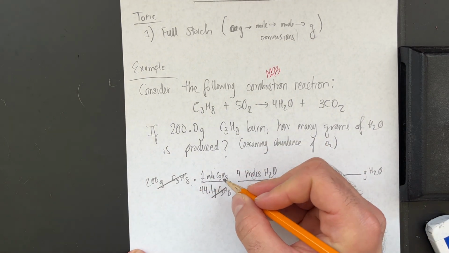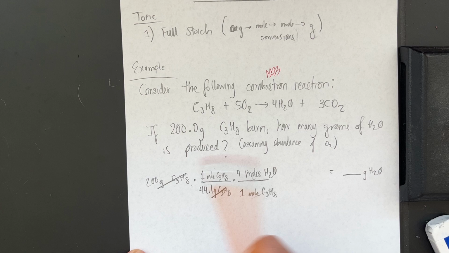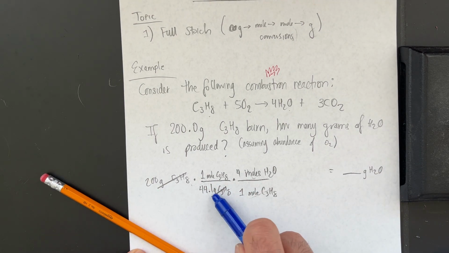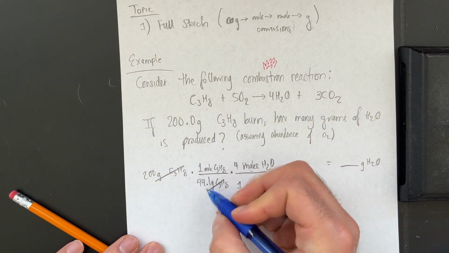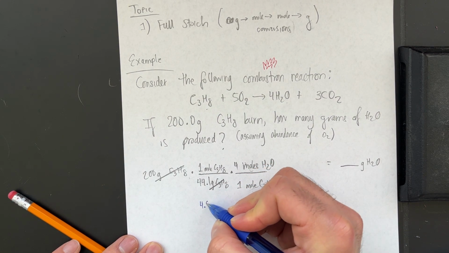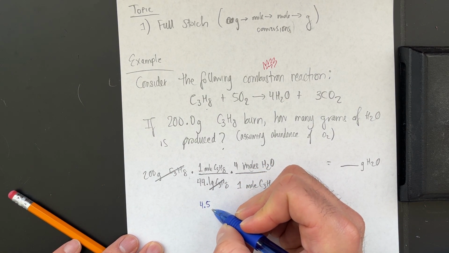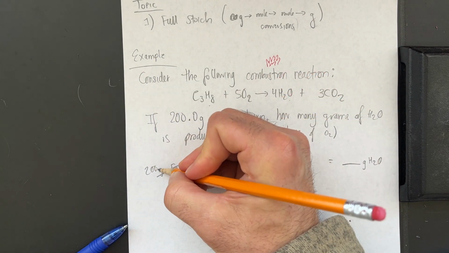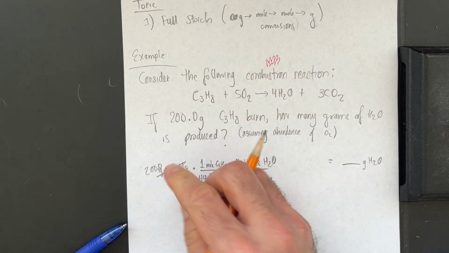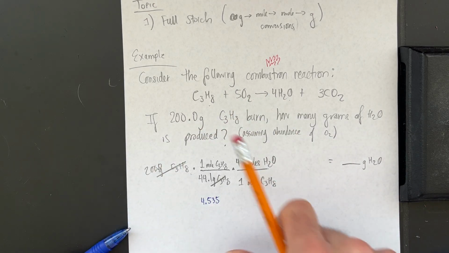Basically, if you actually do 200 divided by 44.1, go ahead and put that in your calculator, what you would get in this intermediate step is 4.535. I'm sorry, this is sig figs, I didn't write it as it was supposed to be. So this is 200.0, so we actually have this number of sig figs.